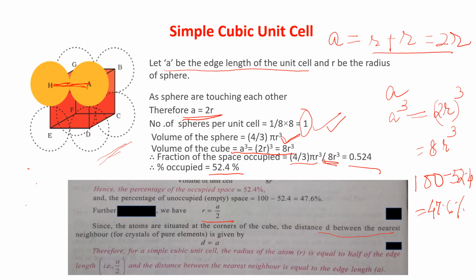Therefore, for a simple cubic unit cell, the radius of the atom r is half of the edge length, that is a/2, and the distance between the nearest neighbors is equal to the edge length, that is a. Am I clear? Like this, you have to find the value of r and the value of d, the distance between the nearest neighbors.